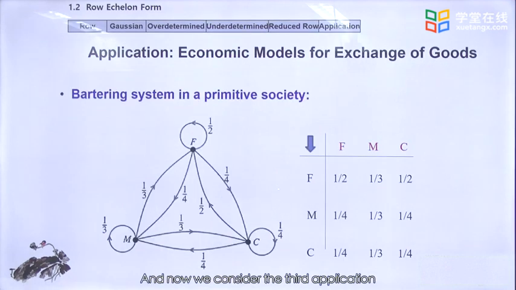And now we consider the third application, economic models for exchange of goods. So we consider a primitive society, where people use a bartering system. So there are three types of people: farmer, manufacturer, and people who make clothes. Okay. For farmers, they produce their goods, and 1/2 of their production they use themselves.